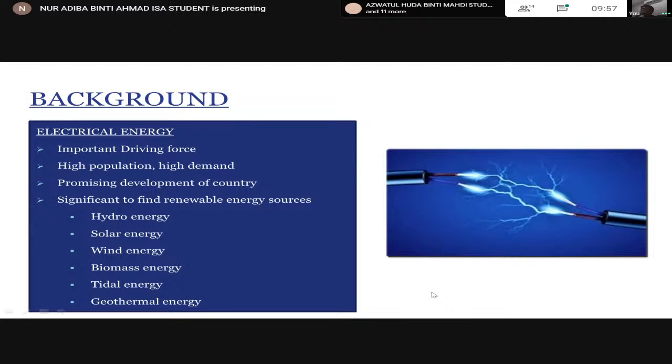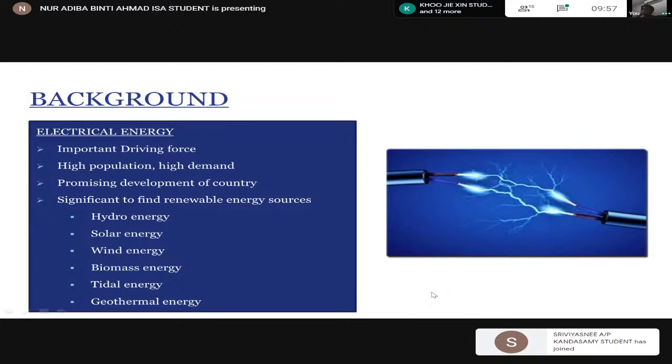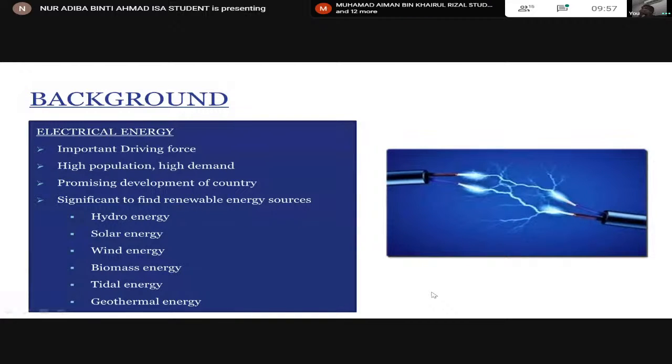So a sustainable electrical energy source will promise the development of that country. To make the source sustainable at all times, we need to find a renewable energy source, and we have many choices like hydro energy, solar energy, etc.